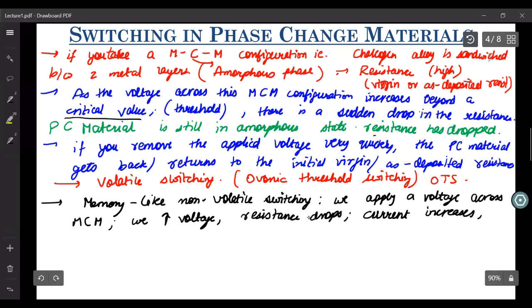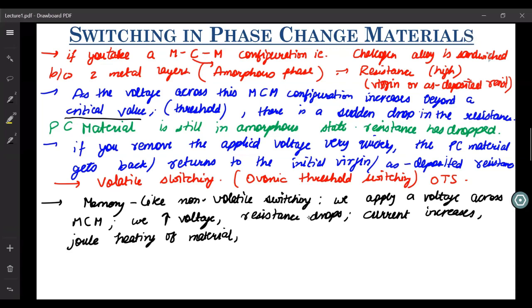Now as the current increases, there would be Joule heating of the material. And if the Joule heating starts taking place, then the temperature would increase.